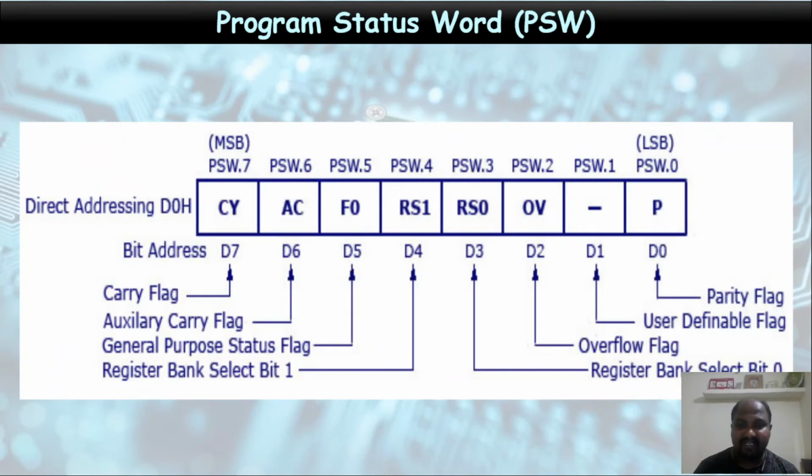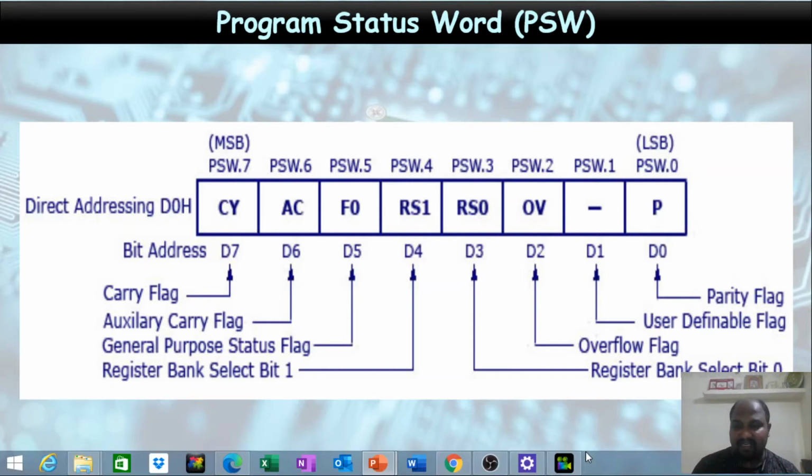So this is the 8-bit program status word. Here the first bit is known as parity flag, which is a mathematical flag, and the second bit is a user definable flag, and the third bit is an overflow flag.